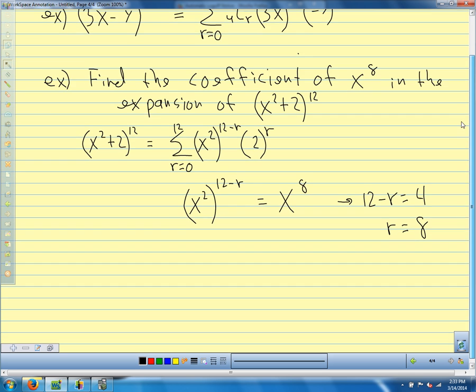So all I have to do now is plug in r equals 8 to this formula, the term where x to the 8th shows up.